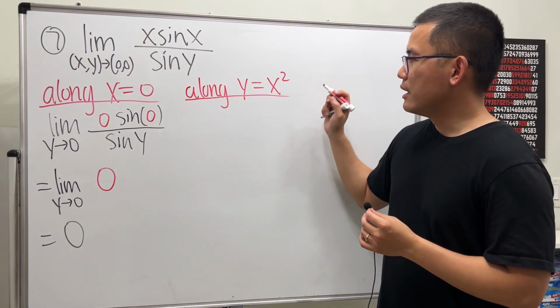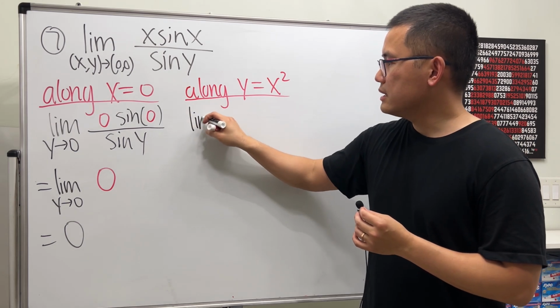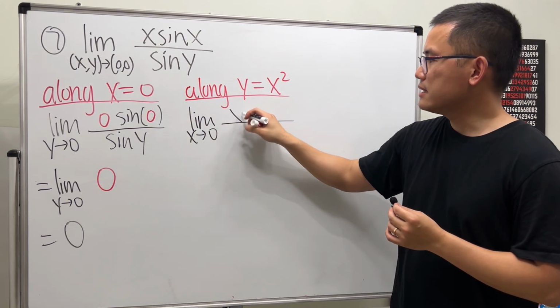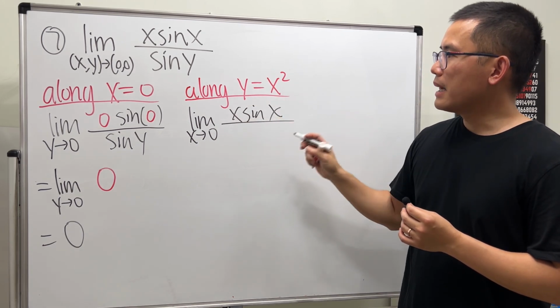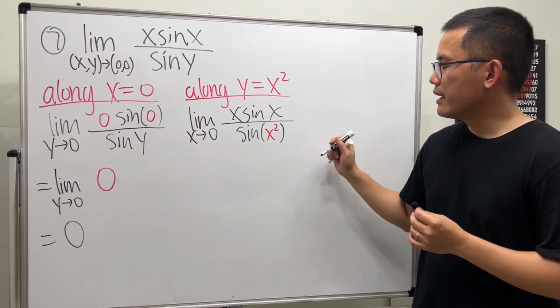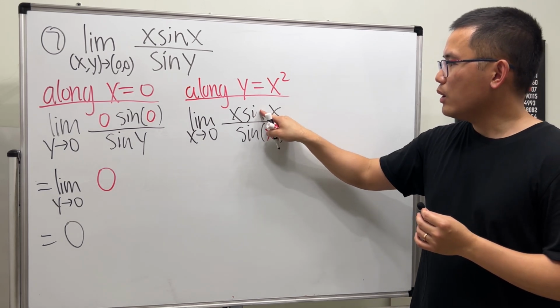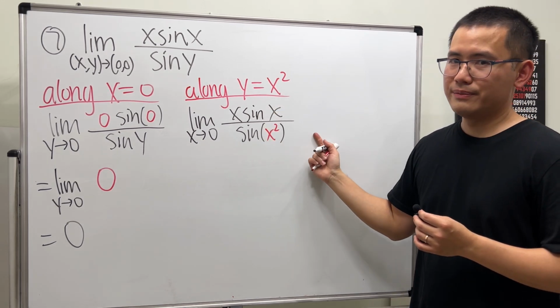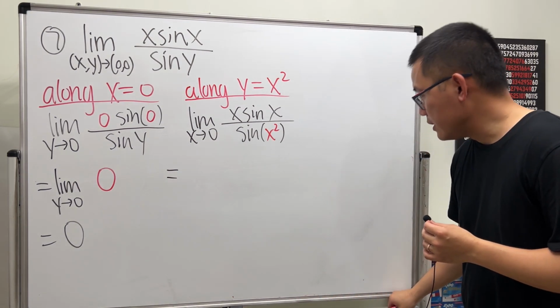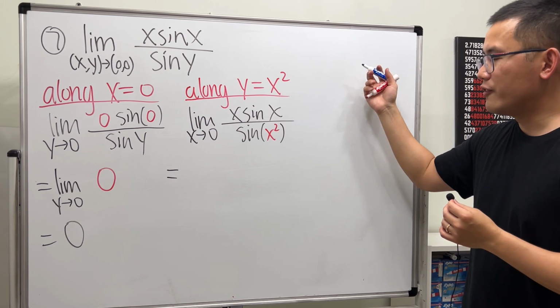Yeah, let's try it. So here, we are looking at the limit as x approaching 0. The top stays, but the bottom is sine of x squared. Now the question is, how do we work this out? Let me show you. I'm going to use one of the facts that I think everybody will agree on.